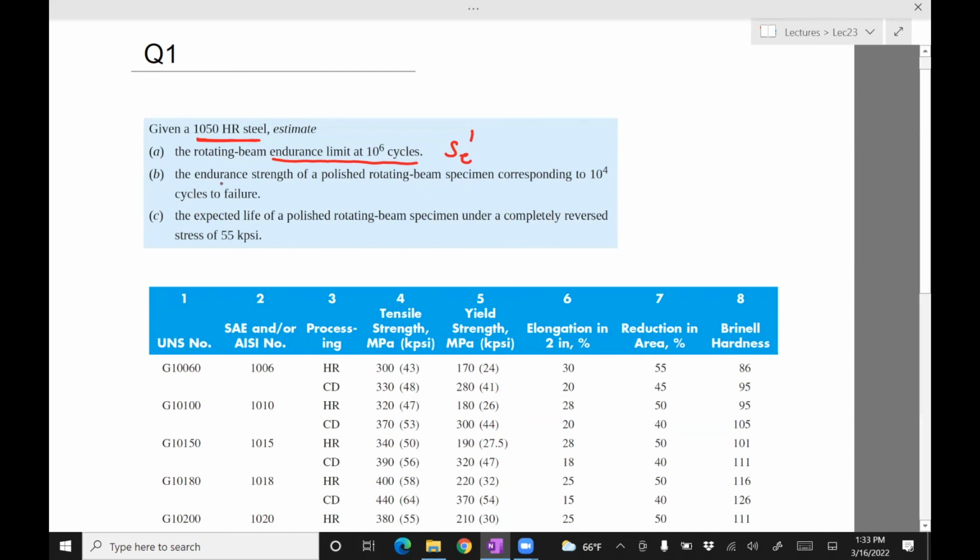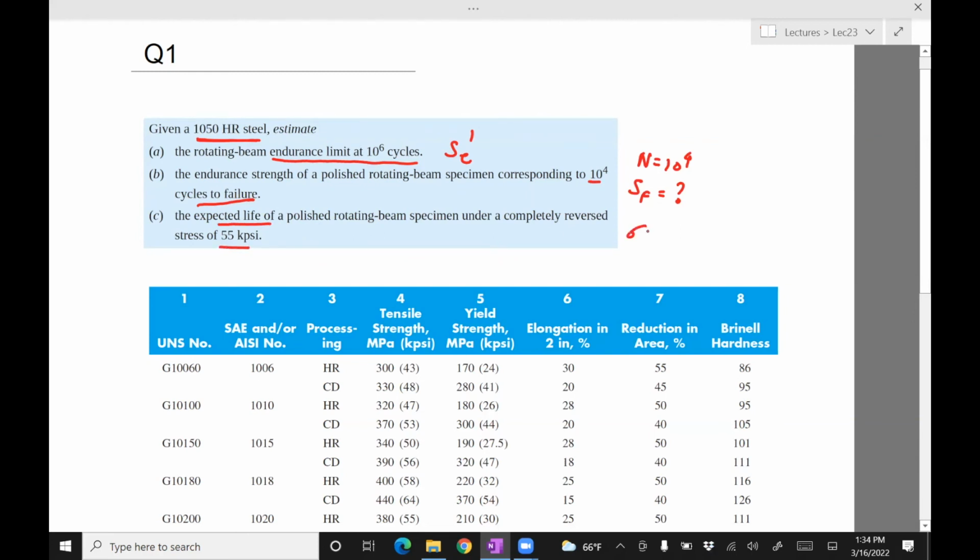The endurance strength of a polished rotating beam specimen corresponding to 10 raised to 4 cycles to failure. So we're given N. We're told to predict SF, or rather, yeah, strength, SF. And the expected life of a polished rotating beam specimen under complete reverse stress of this.